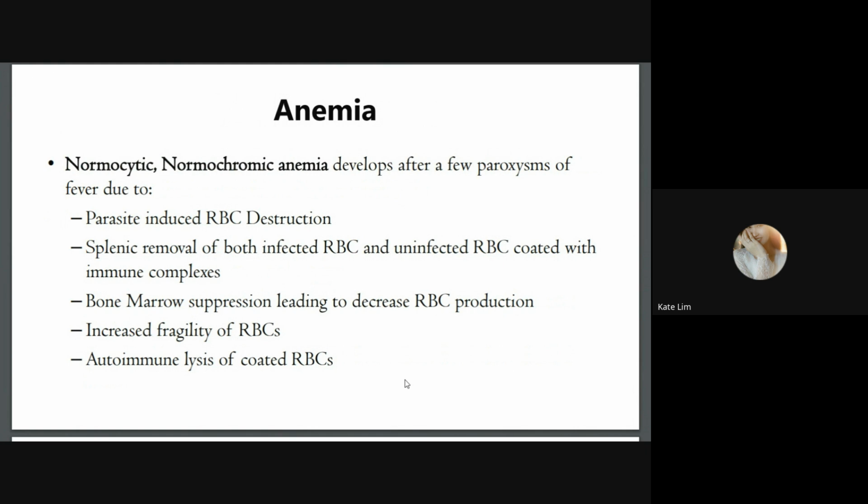But in malaria, this type of anemia we see is normocytic and normochromic. This develops after a few cycles of fever.